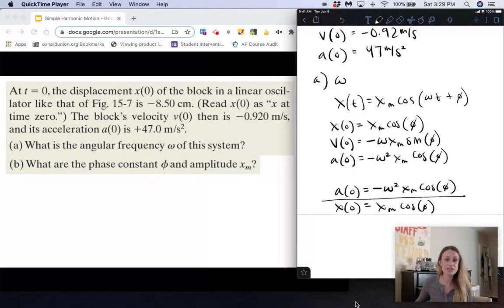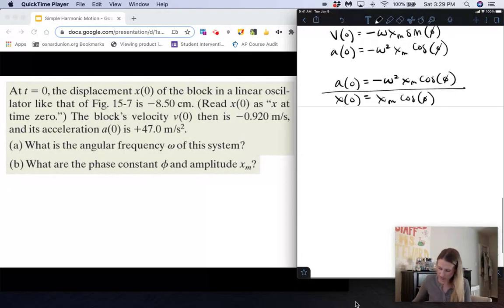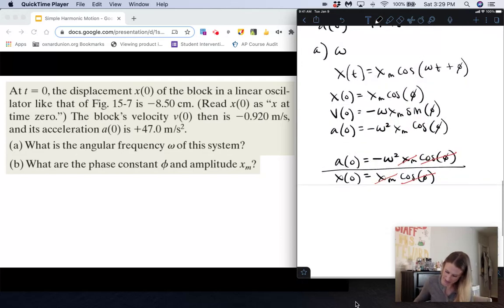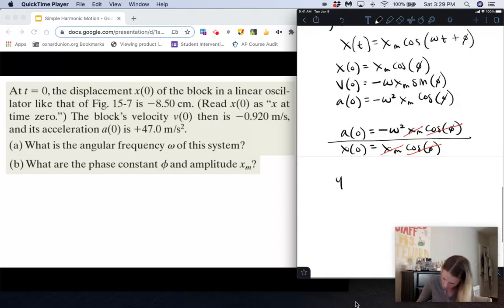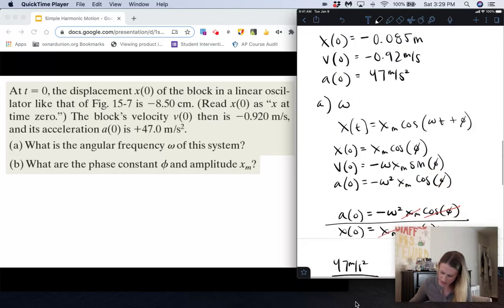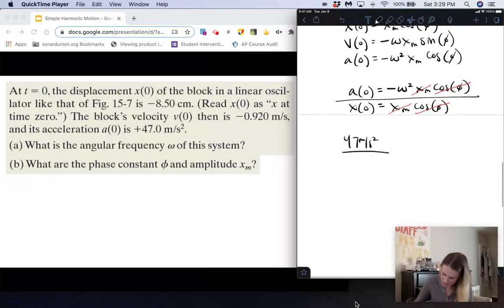We're dividing these two things, and we cancel out cosine of the phase constant and also the amplitude. What we end up getting is just the acceleration at time 0, which was 47 meters per second squared, divided by the position at time t equals 0, which is negative 0.085 meters.